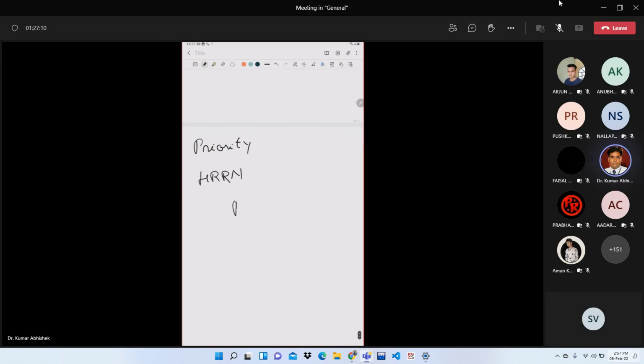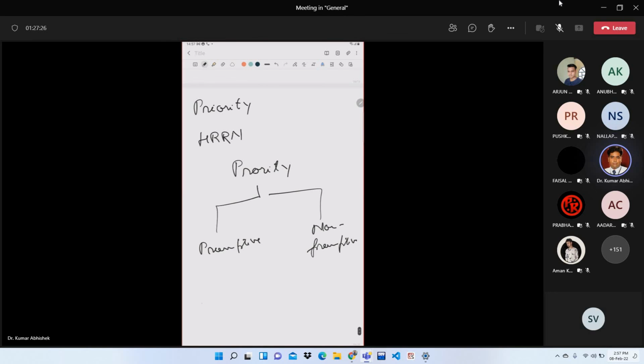So priority can be preemptive, non-preemptive, and priority can be static and it can be dynamic. What do you mean by that? Static and dynamic priority.